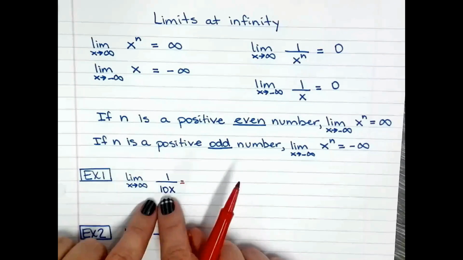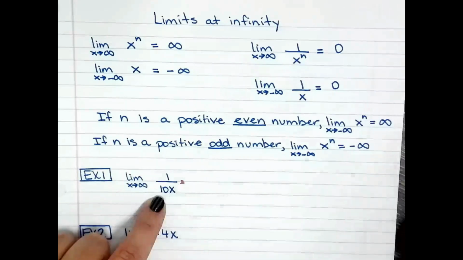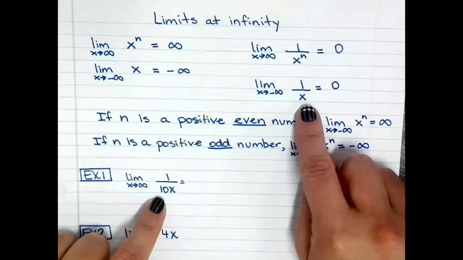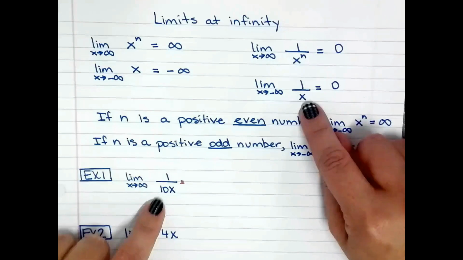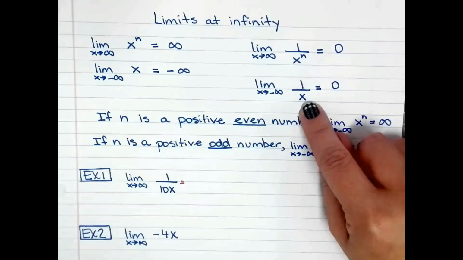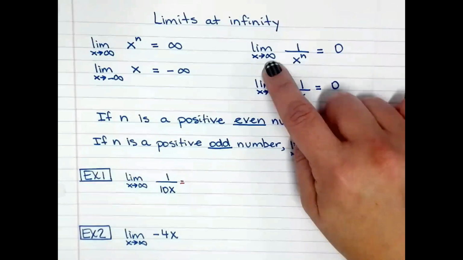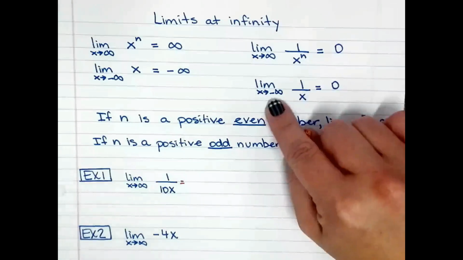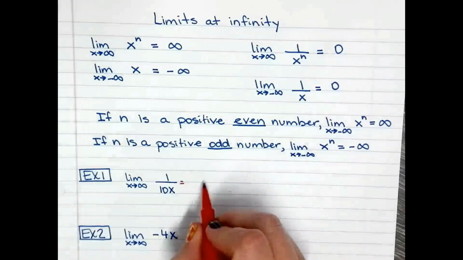So here I have 1 over 10x. If I can split this up to where I have 1 over x, I know that my answer will be 0, either from approaching positive infinity or approaching negative infinity. So the first thing I'm going to do is split that up into 2 limits.